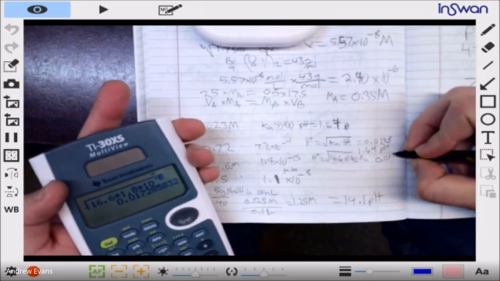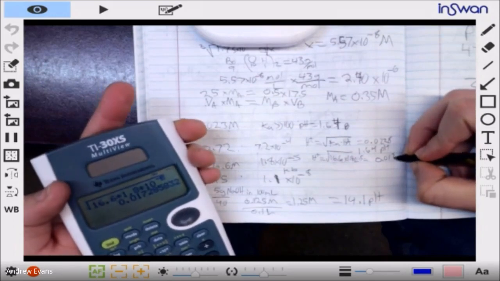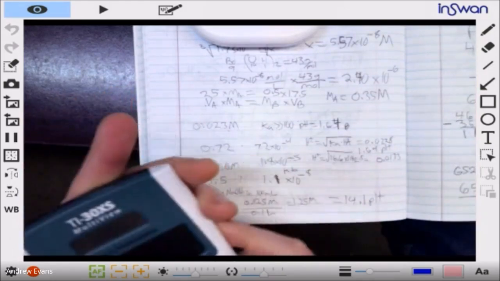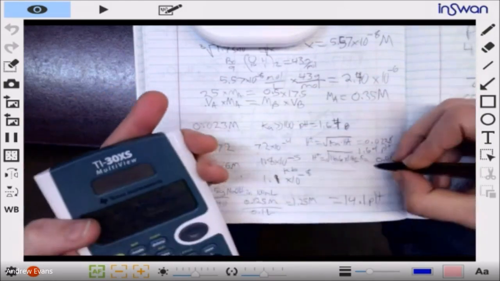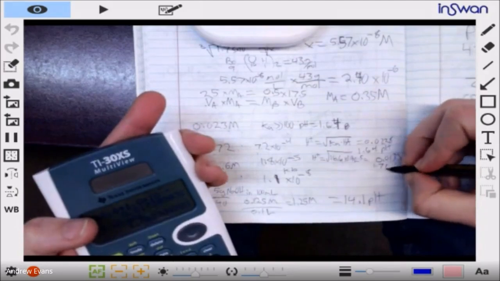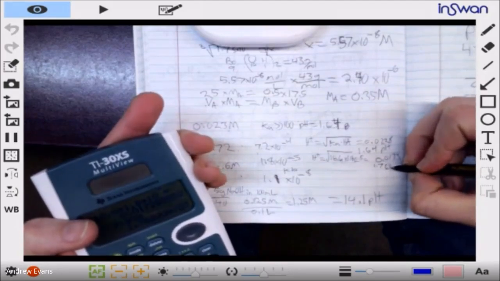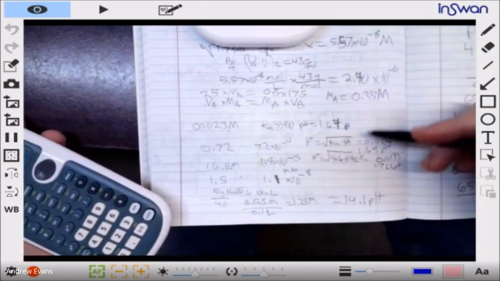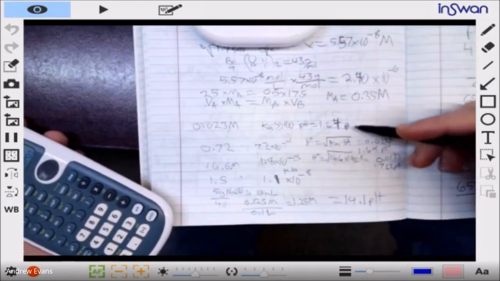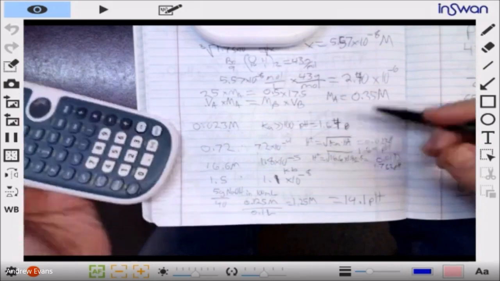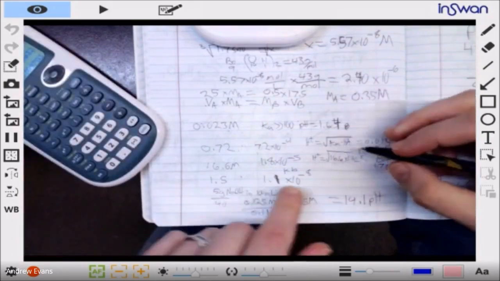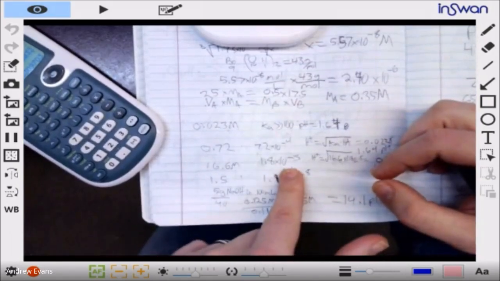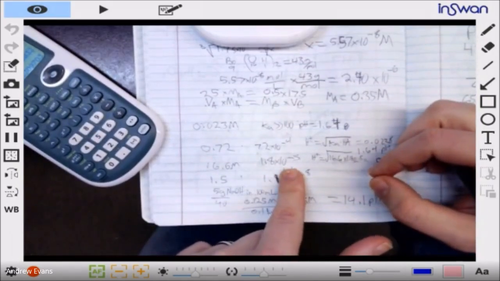Let's see. We'll say 173. Take the negative log of that, 1.76. So these guys are all in the same pH range because, well, that one's super concentrated, but it has a much weaker Ka.